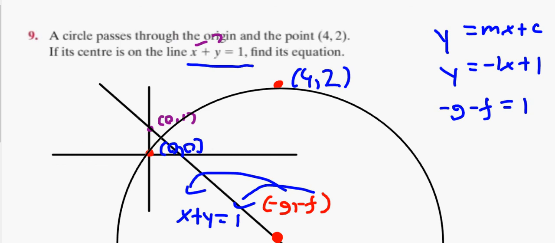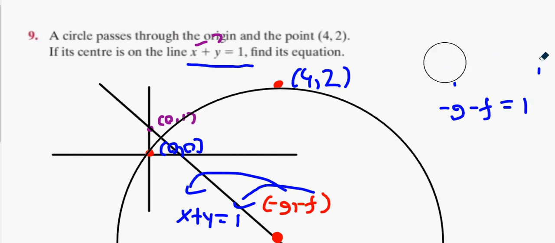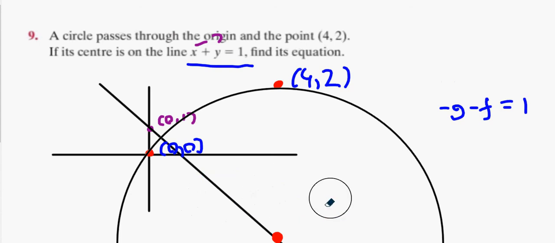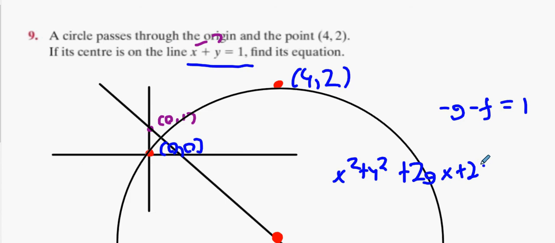The next piece of information I'm going to use is the following. I'm going to use x squared plus y squared plus 2gx plus 2fy plus c equals 0. Right? I need to pick a point that's on the circle. What point is on the circle?